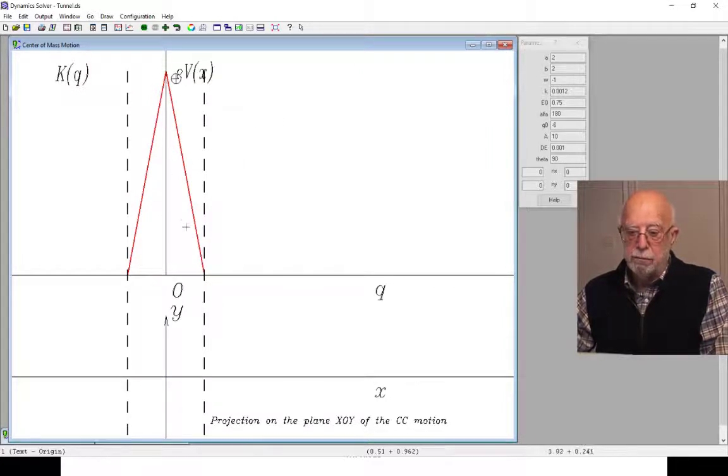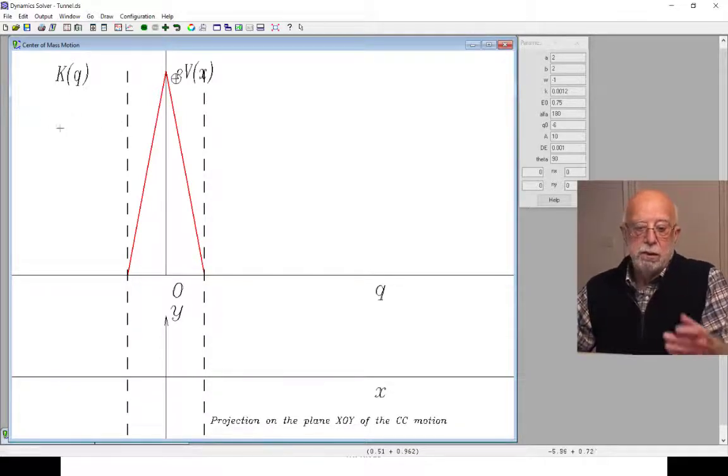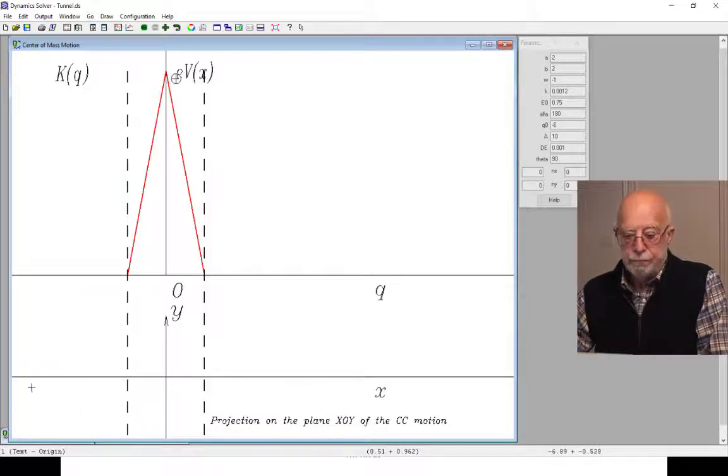This is the potential barrier. I will describe here the evolution of the kinetic energy of the electron while it is moving in this area. It is a function of the center of mass position. In the lower part, I will describe the evolution, the projection on the x plane of the center of charge motion.